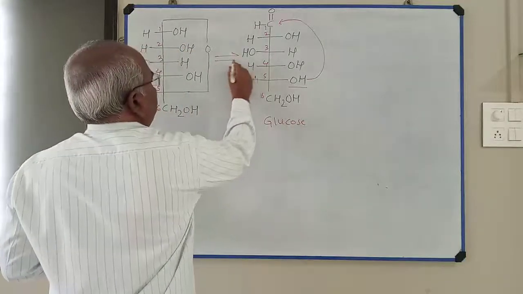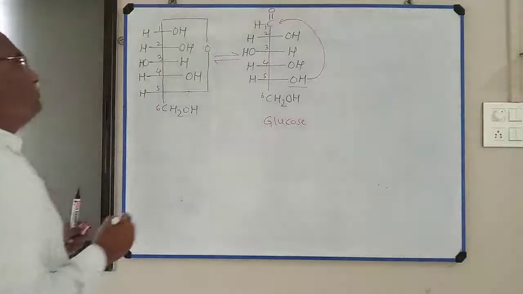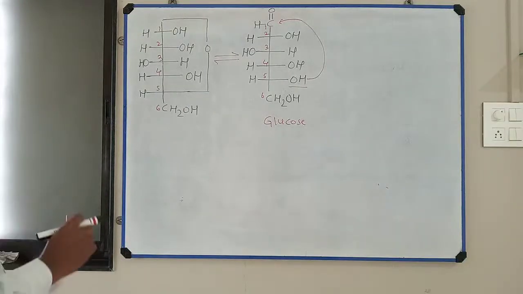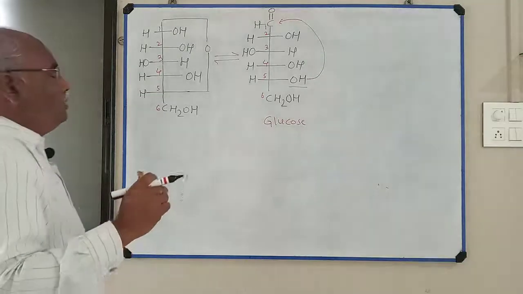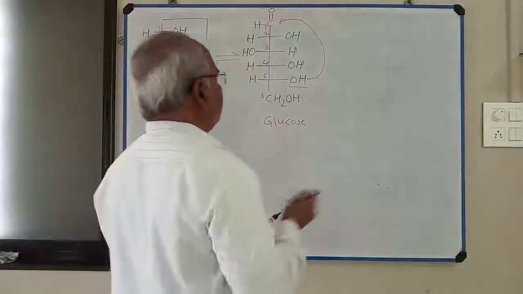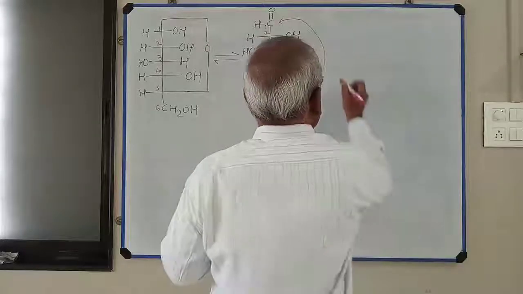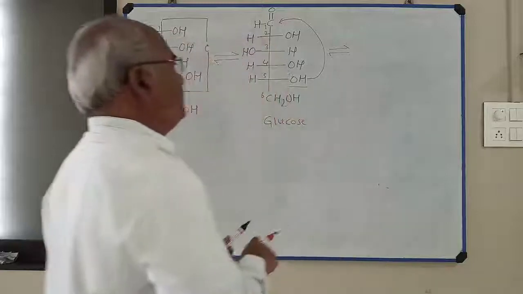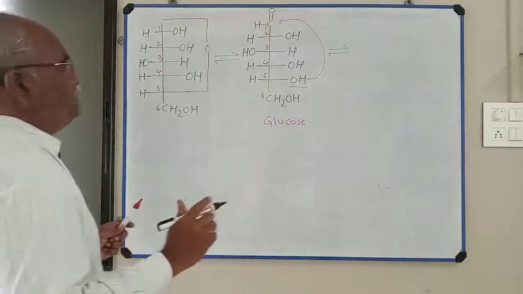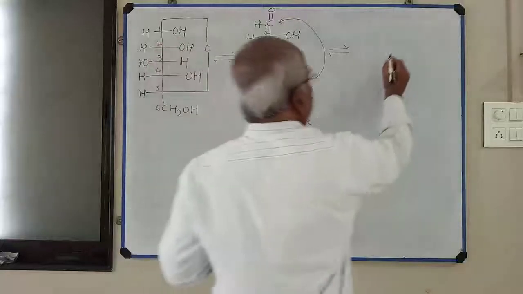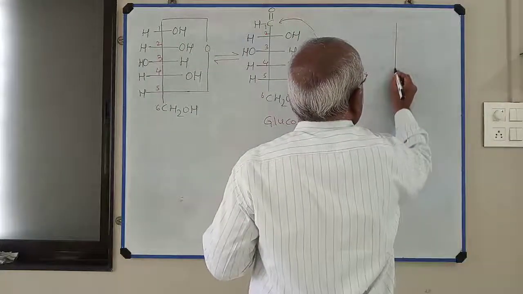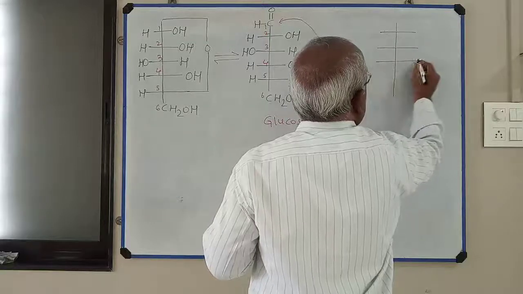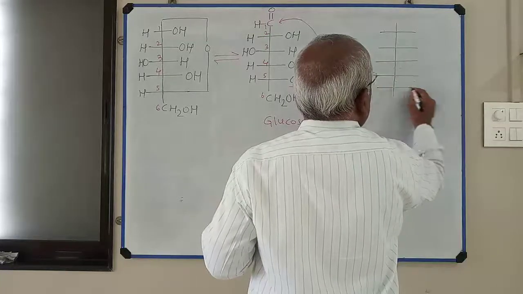This structure is in equilibrium with this structure. Another structure I represent here. This structure is also in equilibrium with this open chain structure. So here is vertical line 1, 2, 3, 4, 5.